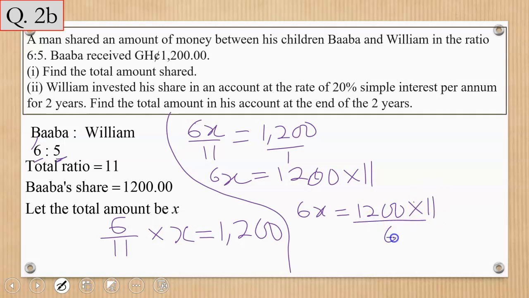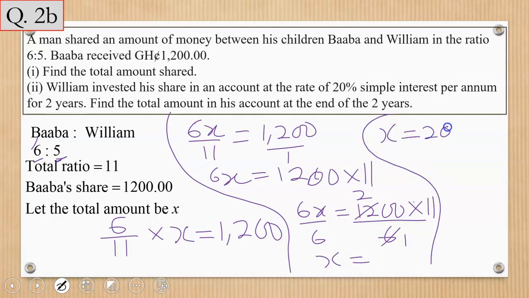If I divide here by 6 and I divide here by 6, then my x will be equal to, now 6 can divide 1,200 as 200, so that our x becomes 200 times 11. And of course 2 times 11 is 22, then we attach our 2 zeros, which makes it 2200. So we've seen that the total amount they shared is 2200.